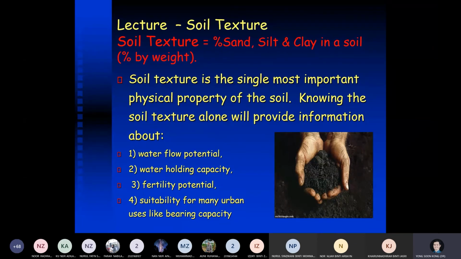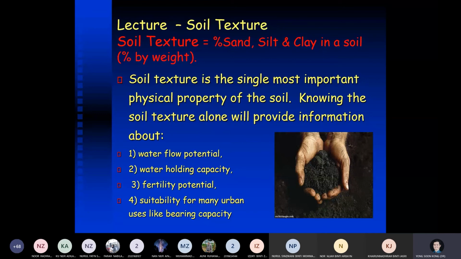You need water to flow through the soil in order to be stored in the soil itself. After all, water is important for photosynthesis. And number two, if the water cannot flow through, most likely you're going to see flooding. That is what happened in the KL area, the developed areas, where water cannot flow through the concrete or cement, so you get flash floods if any heavy rainfall happens. That is why texture is very important.